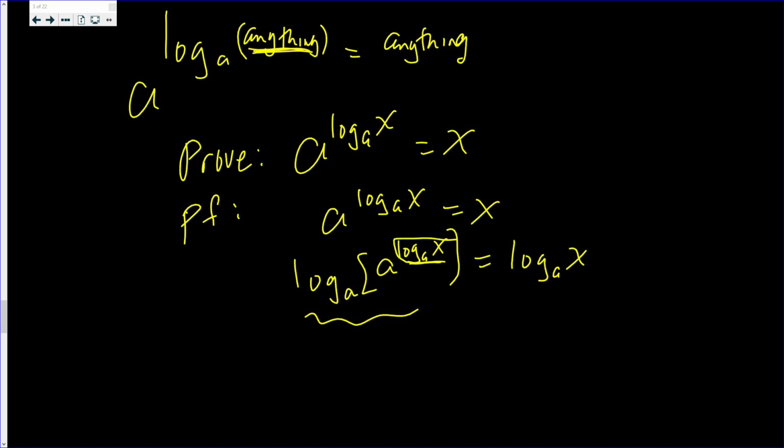Or you can bring the power down in front, so then you get log base a of x times log base a of a is equal to log base a of x.